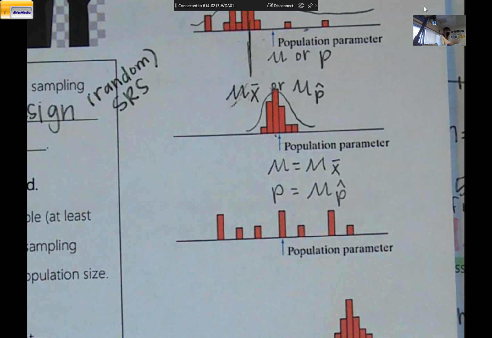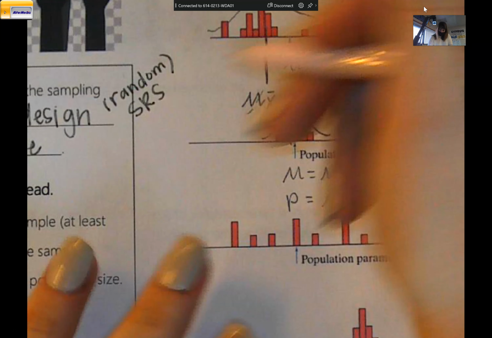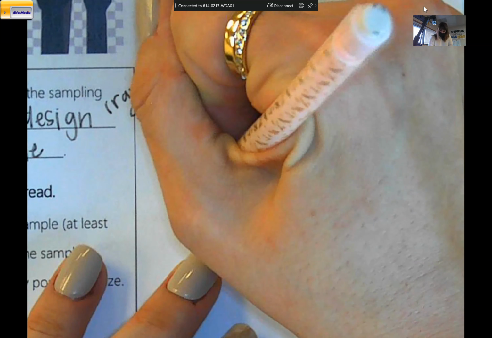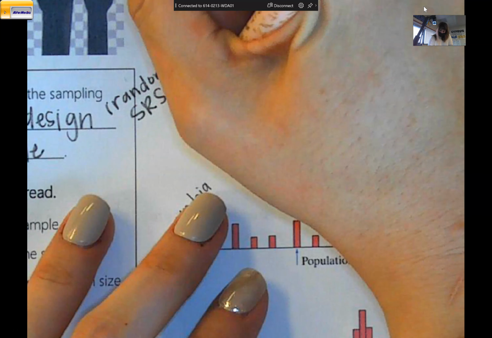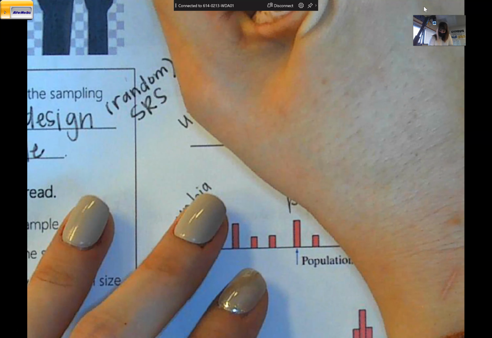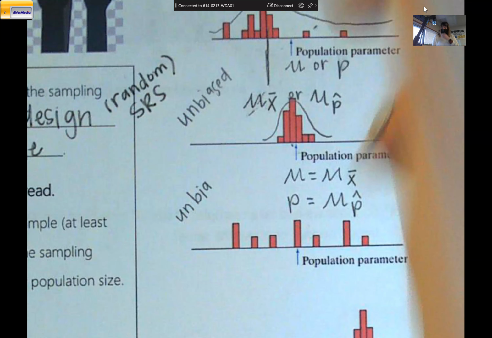And we're going to go over these symbols a lot more, so you don't have to have that perfect right now. This one is unbiased. This top one is biased.